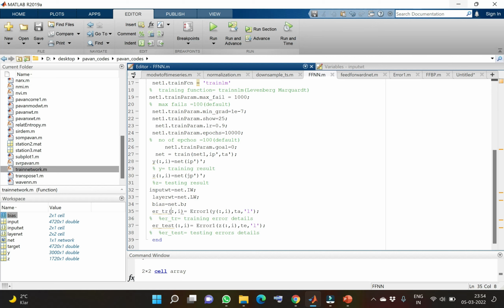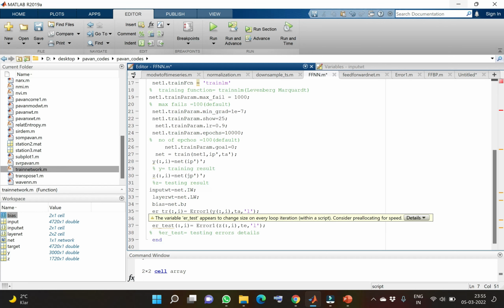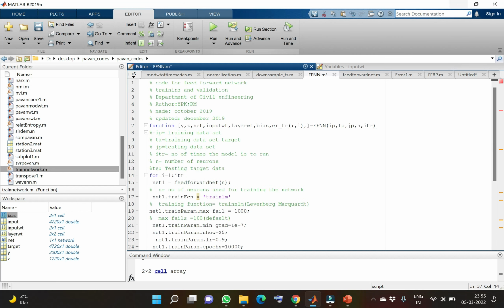If you see, when I was clicking here, it popped up saying that it is not used anywhere. So we copy this, go to the first line, comma error underscore tr, comma error underscore test, and here we don't need to give this, we just ask it to save the whole variable and save it.